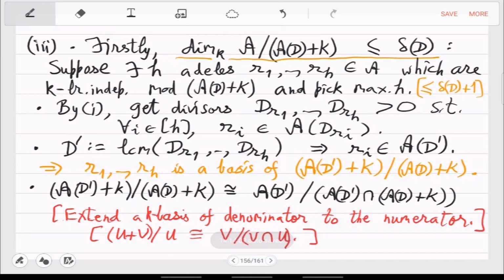It should be essentially the elements of V which are already present in U, because they are to be killed. So this is true also for infinite dimensional vector spaces. It's a completely qualitative property. You can just think of this proof as a construction of basis and then finishing the argument. It doesn't require finite dimensional.